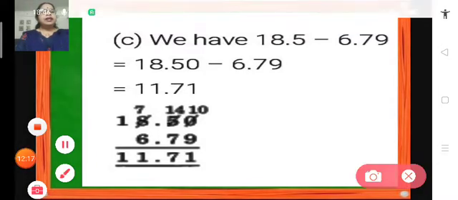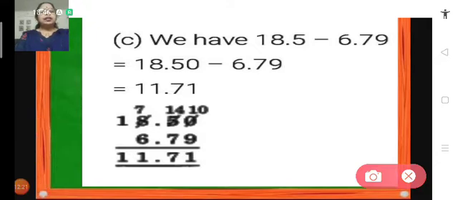Next we have 18.5 minus 6.79. So to make them like decimals, we write 18.5 as 18.50 and we have 6.79. So we can write them like this in columns according to the place values, aligning the decimal points, and start subtraction from the extreme right.